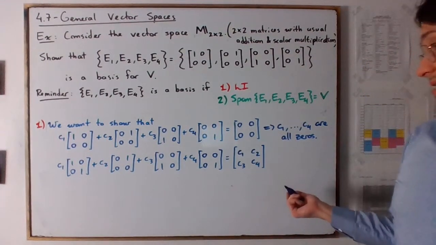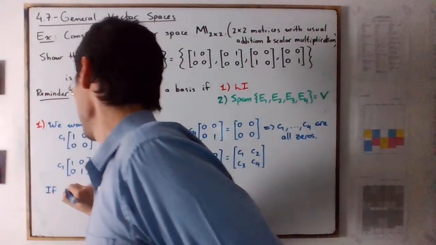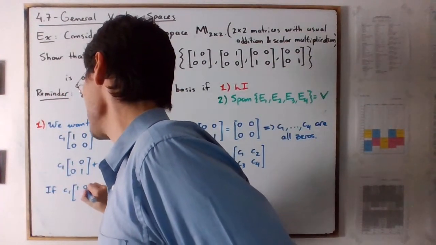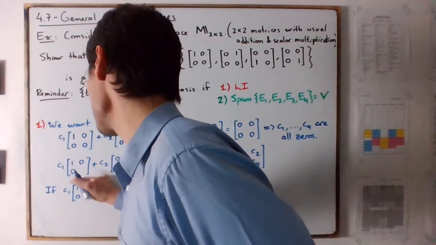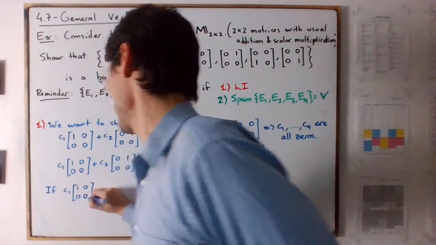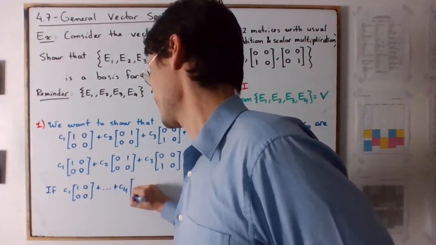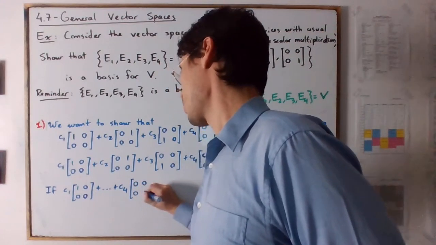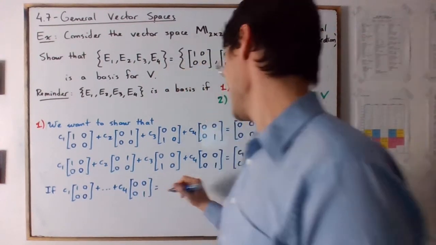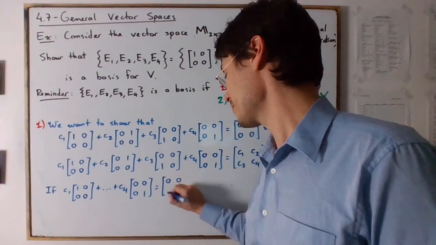So in other words, if this linear combination is giving 0, oops, I messed up here. C1 times the first matrix plus all the way up to plus C4 times 0, 0, 0, 1 is equal to 0, 0, 0, 0.